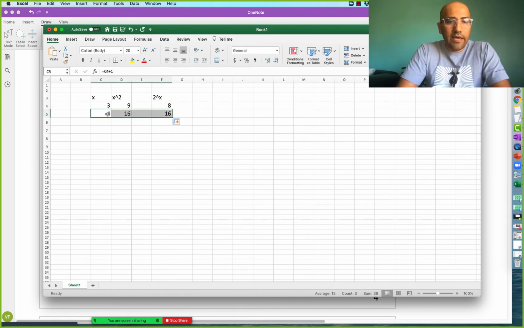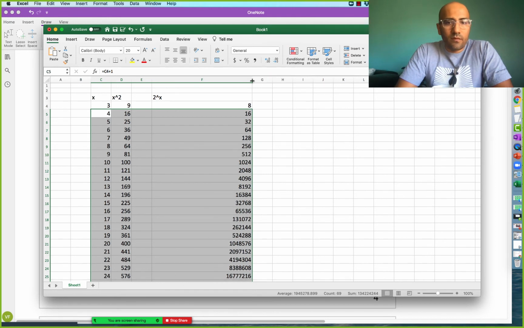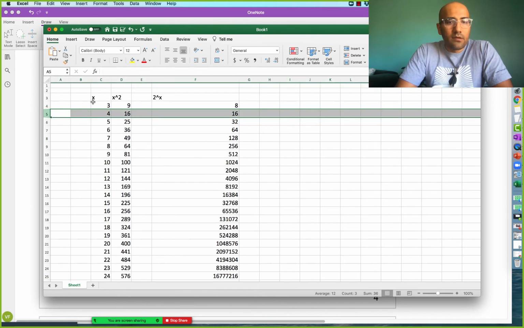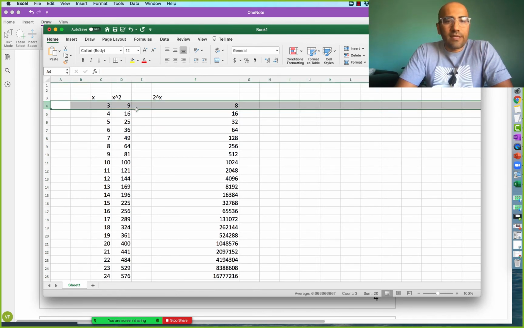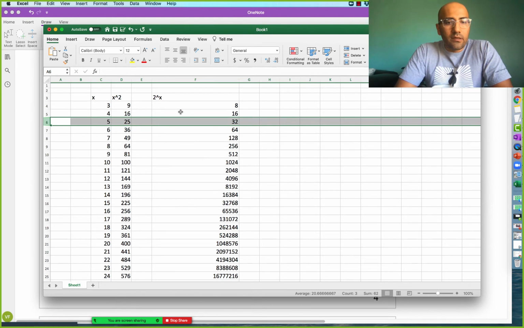And let's see what happens as this expands a little. As we grow past that a few values, see how this grows? At first it looks like they're both about the same. 3 squared is 9, 2 to the third power is 8, 4 squared is 16, and 2 to the power of 4 is also 16. But then, pretty quickly, the 2 to the x begins to grow much, much faster.